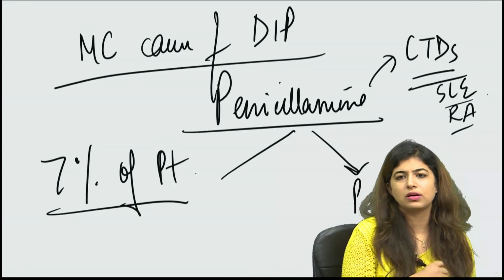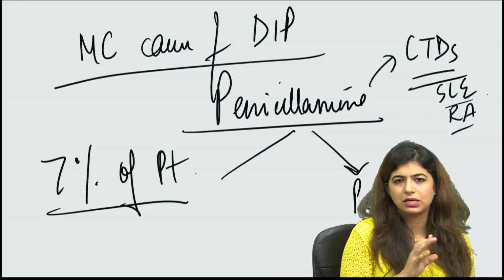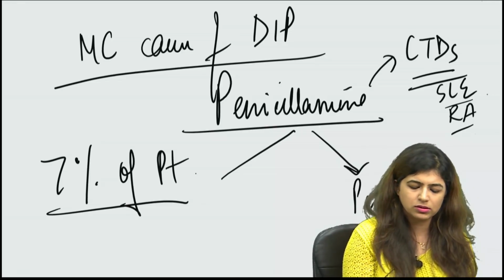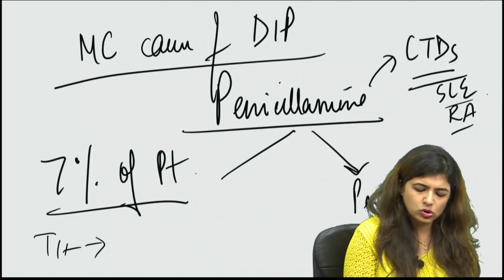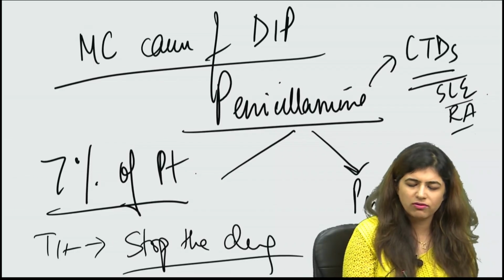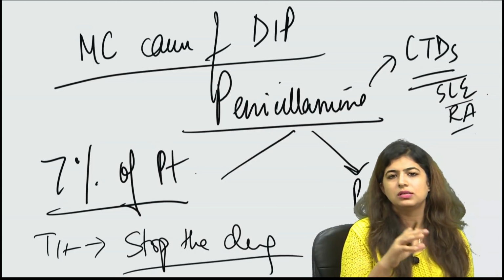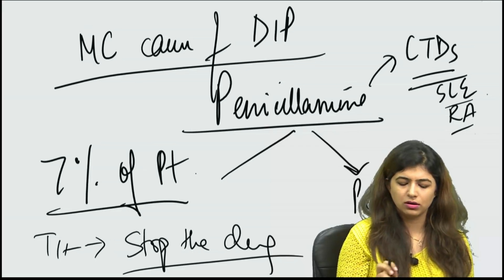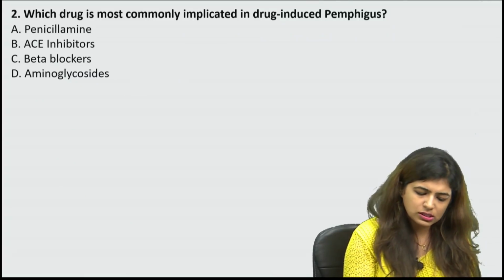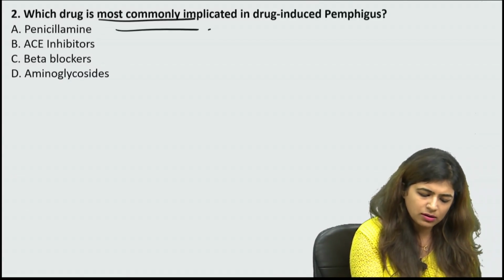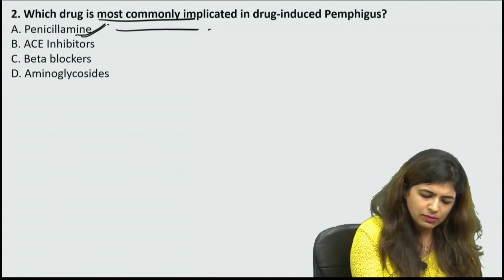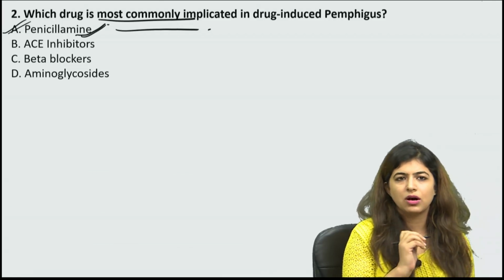They are started on this drug, maybe in a year or so they develop multiple bullae and oral ulcers. Treatment: stop the drug, treat the pemphigus while it has it. It will resolve on its own once you cease the trigger. Right? So the answer to this question is the most common drug. Penicillamine is my answer here, option A.